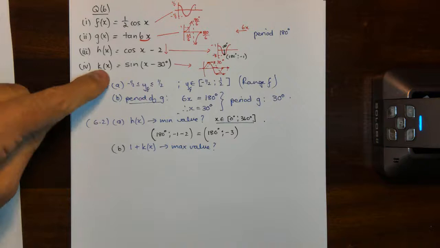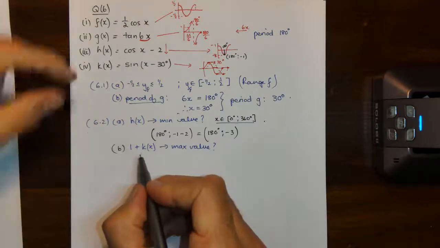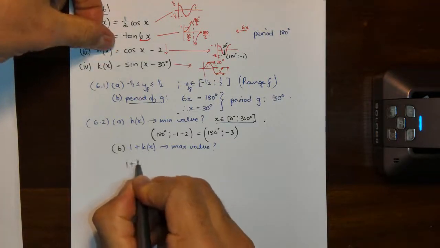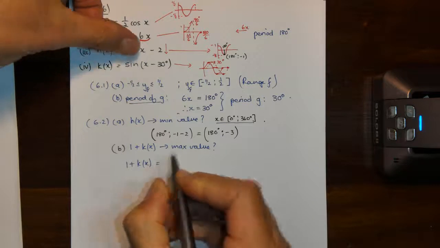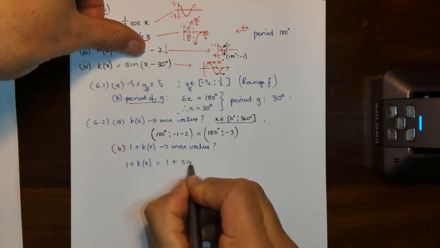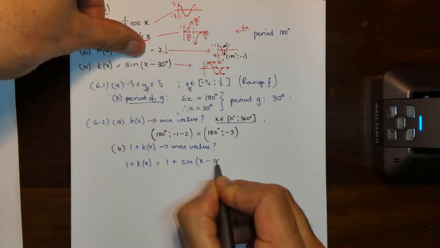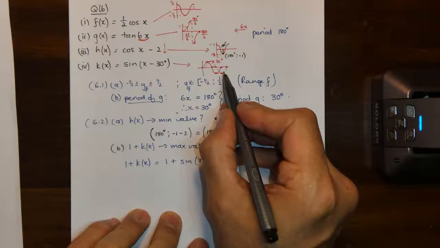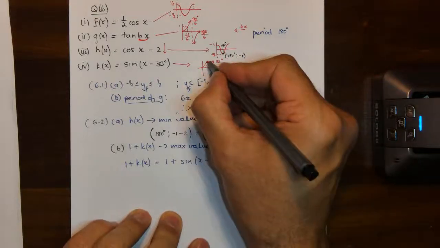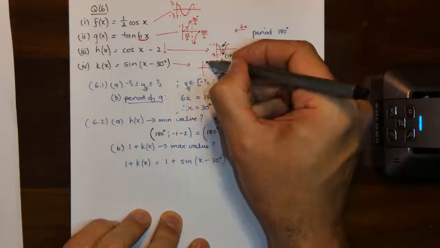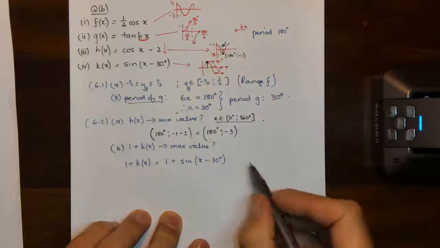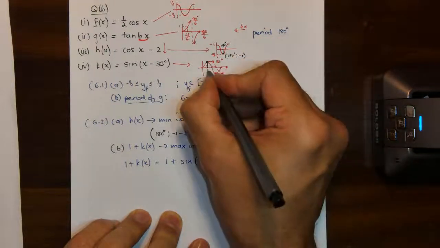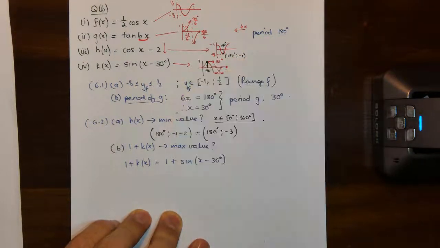Now if I go to k of x, 1 plus k of x is 1 plus the sine of x minus 30 degrees. If we just look at where the maximum value of this function on the given domain will happen, for the mother curve, the sine of x, it would have happened at 90 and 1.